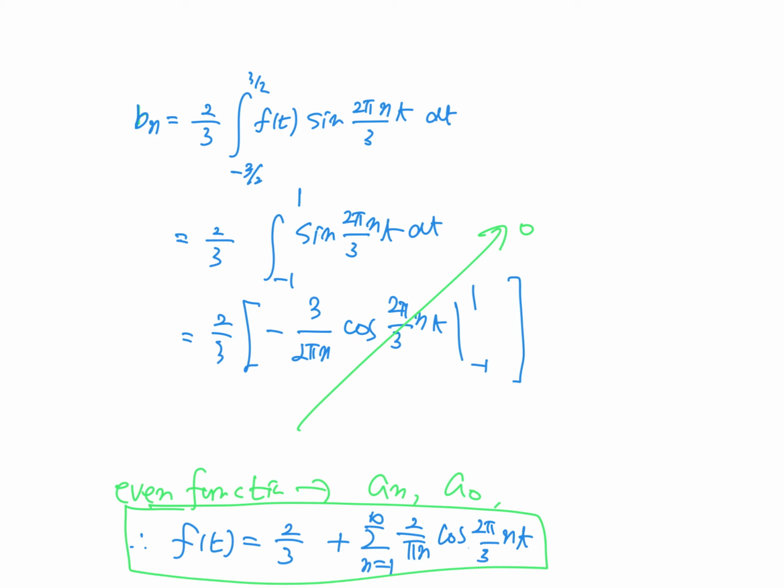So in the quiz or final exam, when I ask you to find the Fourier series, you need to calculate a0, an, bn, and write this final form. Okay, so I will write it down just in case.